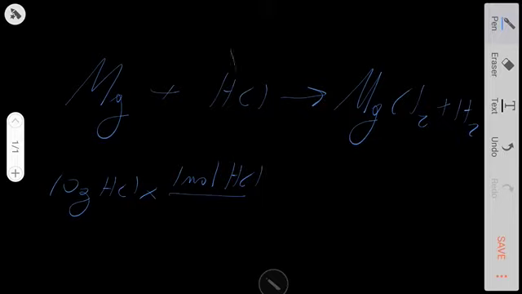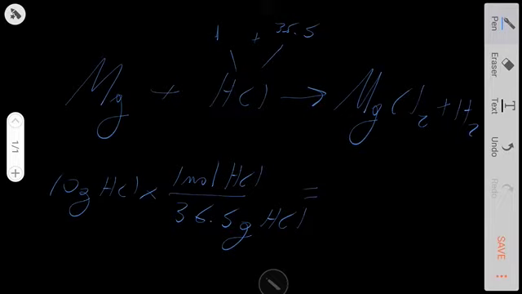You have to add these together. So this is going to be 1 plus chlorine is 35.45. So we'll just say 35.5. Why not? It's close enough. That'll be 36.5. If you said 37, it's not the end of the world. So that's 36.5 grams of HCl. Equals, we're going to have 10 over 36.5.